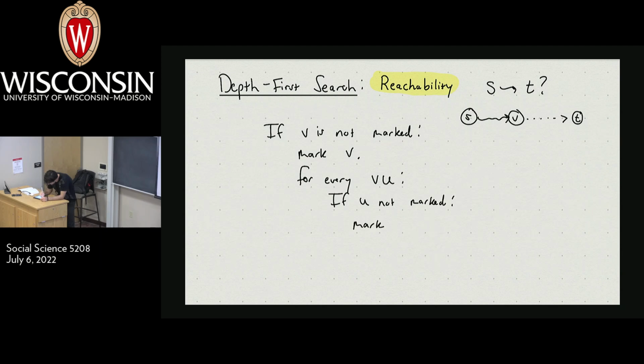Mark U, DFS on U. And this is the whole algorithm.